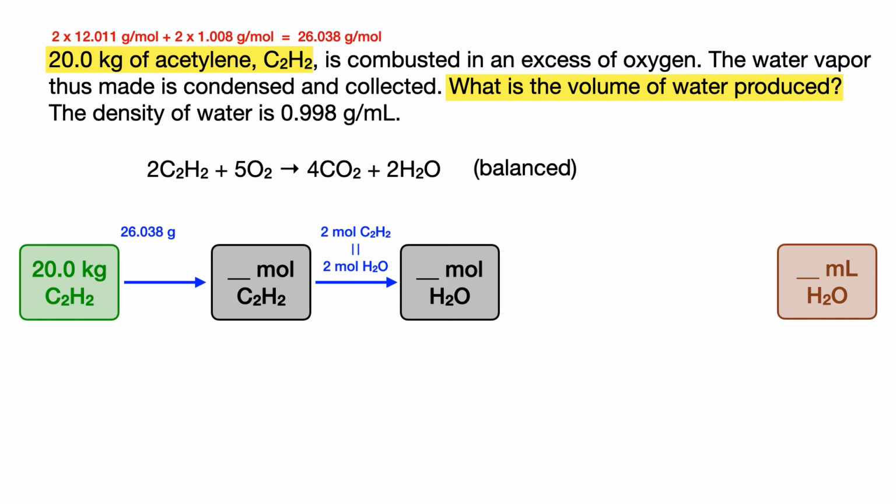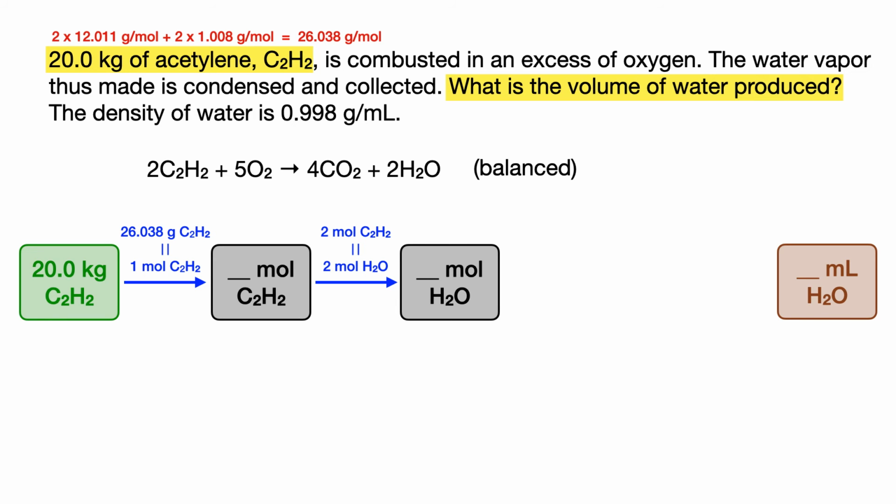And so that will allow us to convert from the mass of acetylene to the number of moles. We are going to have to be careful that the mass we were given is in kilograms, and the molar mass is in grams per mole.